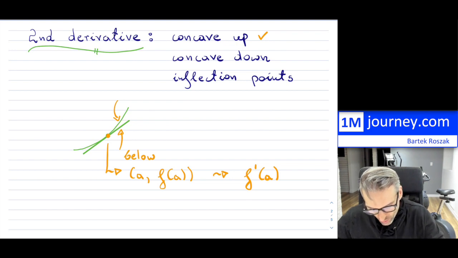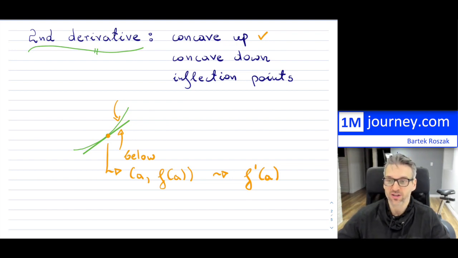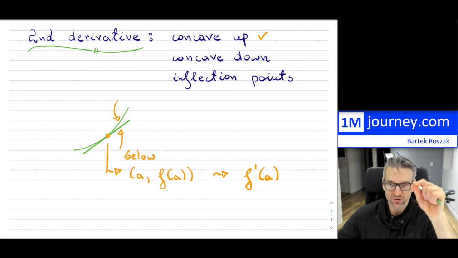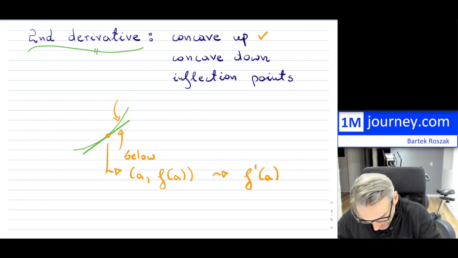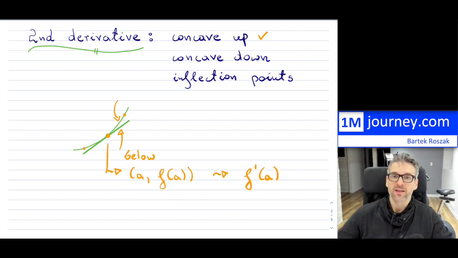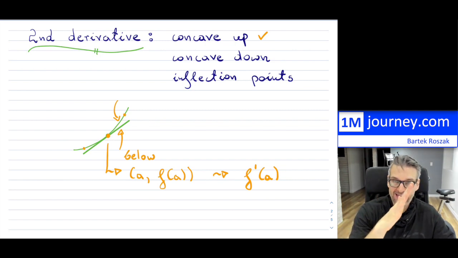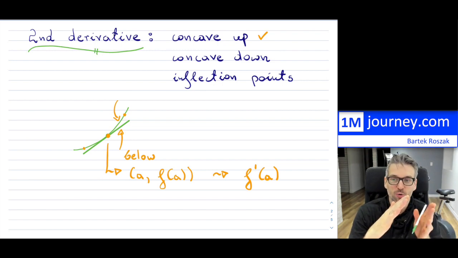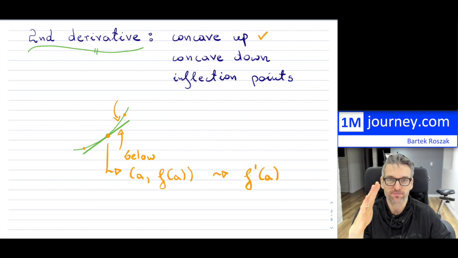Now we could have moved this tangent line pretty much anywhere on what I have drawn. We could have put it over here, or over here, it doesn't matter. At that particular point, the tangent line is always below the actual function.